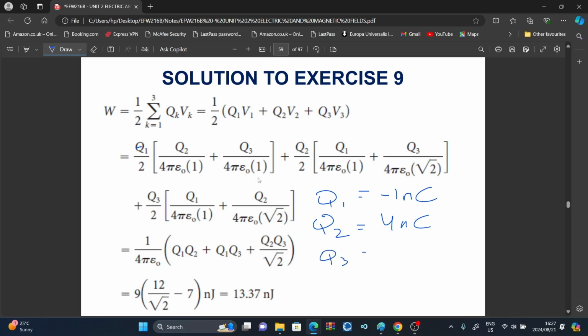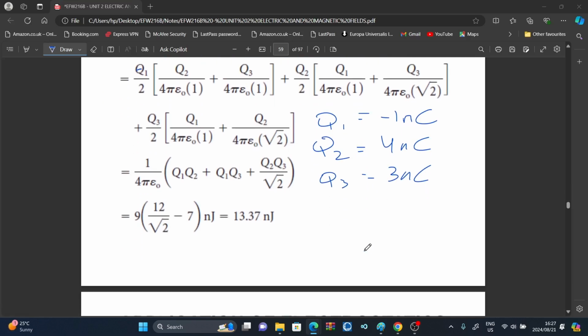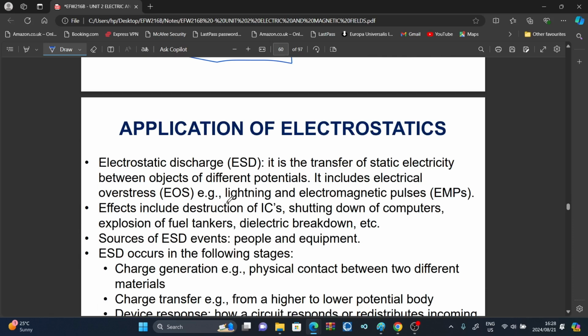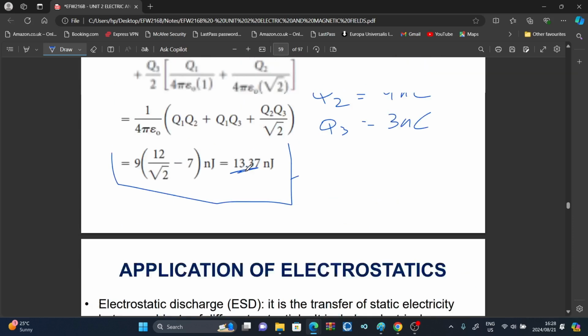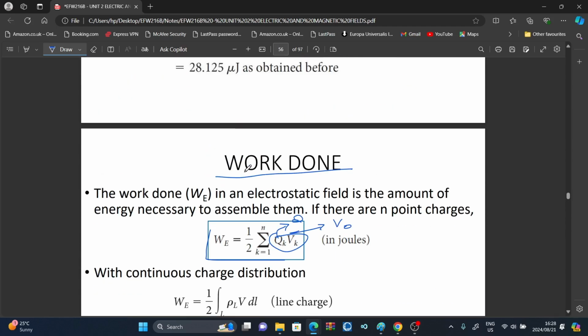Then Q3 is 3 nanocoulomb. Then the calculations are the same. That's exercise 9. You substitute in the values, then you should get 13.37 nanojoules. I hope you do understand this second part of the work done.